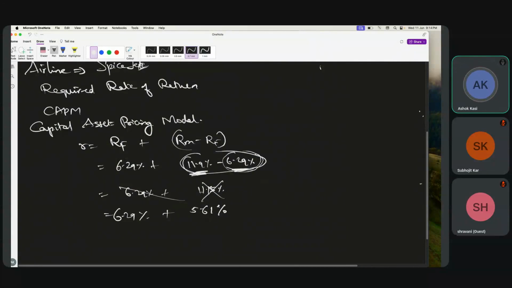Is it okay? And then again you have to add these two. Again ignore the percentage and then suffix with percentage.